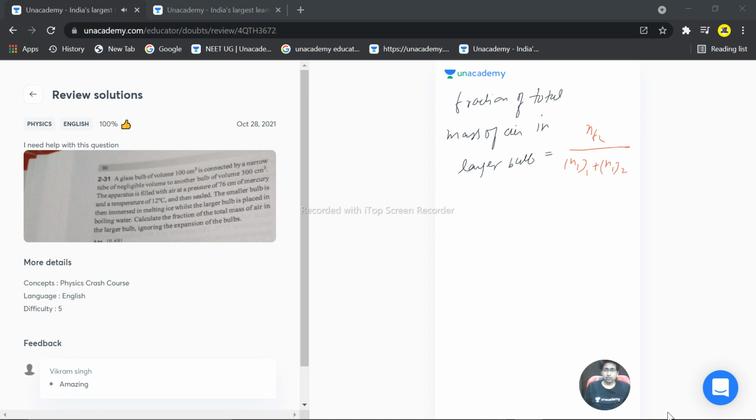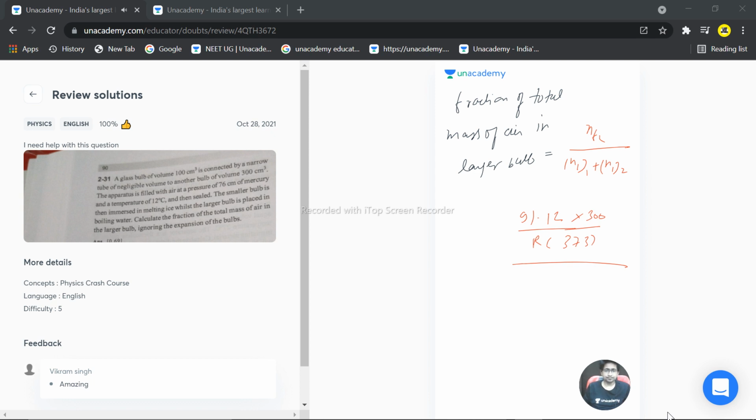That comes out to be 91.12 into 300, which is the volume, divided by R into temperature, 373, divided by N initial 1 plus N initial 2.